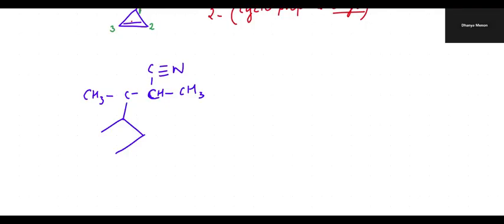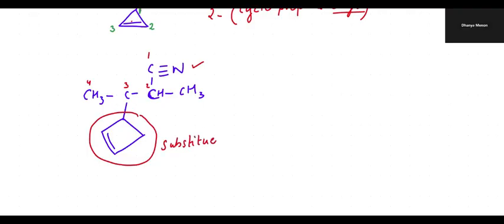So this is a cyclic. Over here, you can see, because there is a functional group, this will be the main chain, 1, 2, 3, 4. So this becomes our cyclic substituent. And this is our main chain, the one that has the functional group.